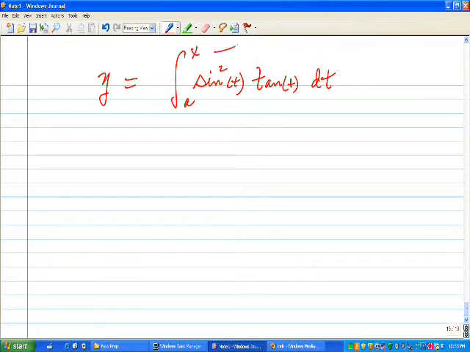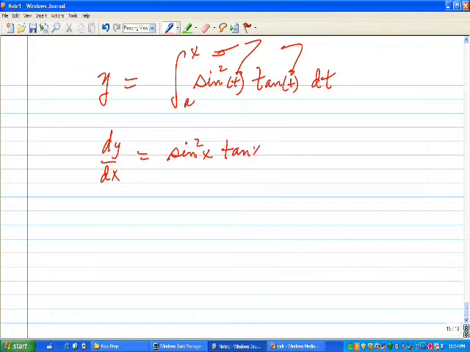Now, here we have just plain old x, so dy dx is just going to be putting the x where you see the t, so that you get sine squared of x times tangent of x, and you're done.